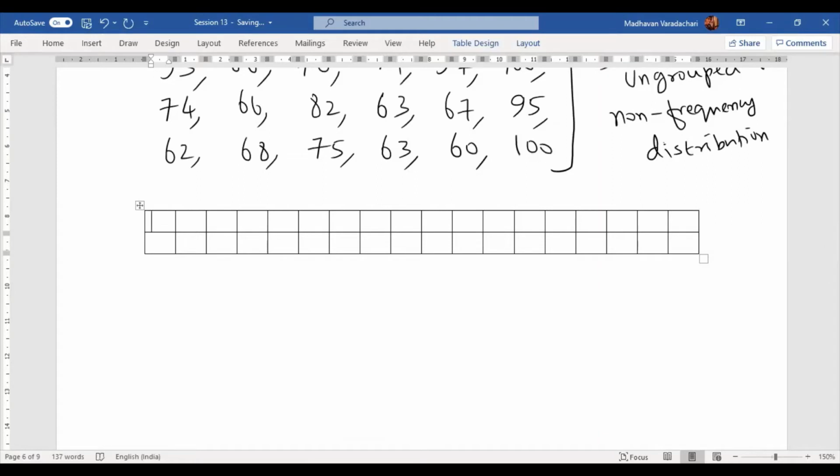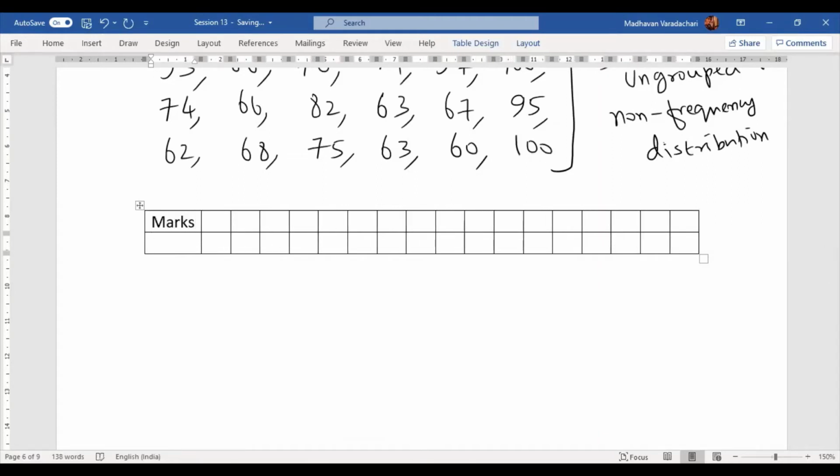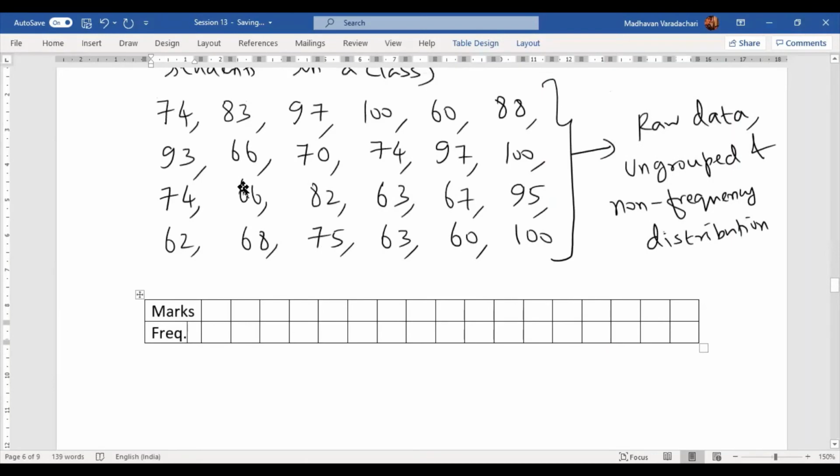Here I will say marks. Here I will say frequency, FREQ simply. Now, what is the least mark among all of these? I think the least is 60. Here also it is occurring, here also it is occurring. So I can say 60, 2 times.